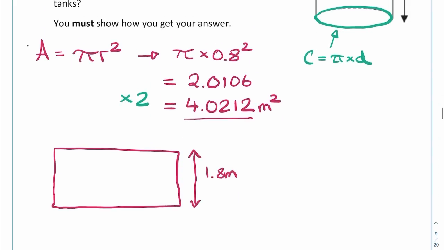So if we go about working that out, the diameter was 1.6. So for this length here, we'd do pi multiplied by 1.6. And if we type that in, pi times 1.6, we get 5.0265. So the length of that, or the width, however we kind of look at it, I'll call it the base, that's a bit easier, 5.0265.